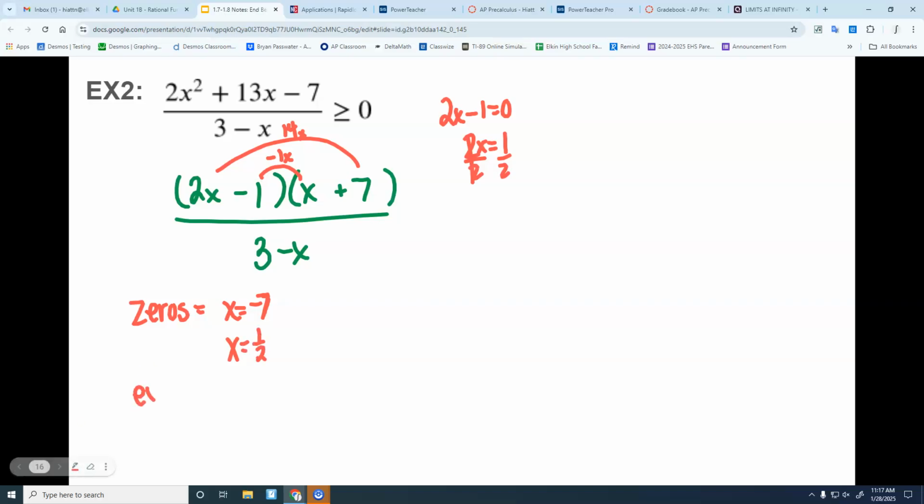My excluded value would be x cannot equal 3 right there. It's backwards, but 3 minus x equals 0. You just add the x, and 3 would equal x right there. And so you would put those on the number line, use the factored version of it to do the problem for that. Okay? So let me stop that here.